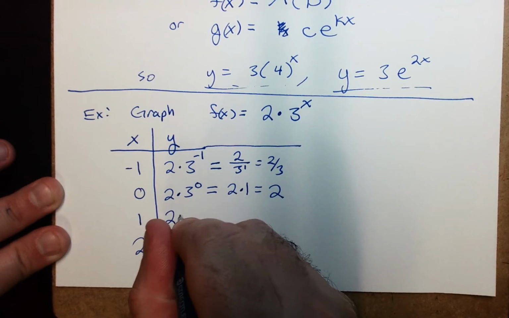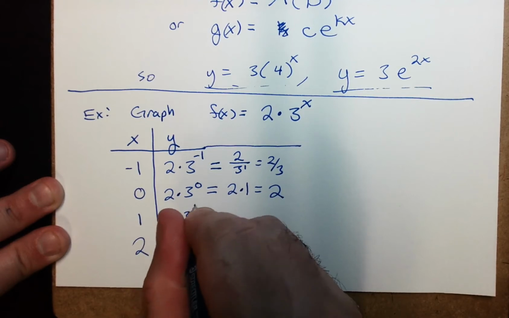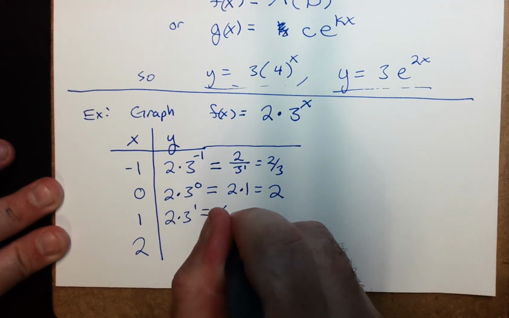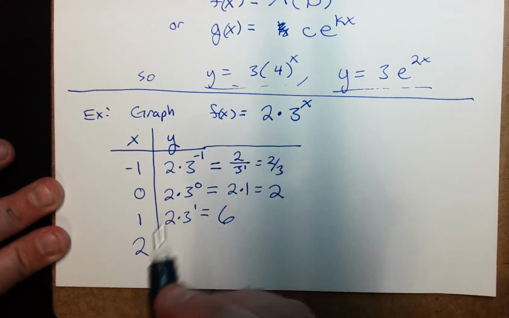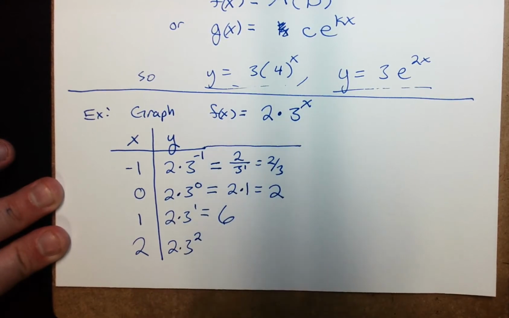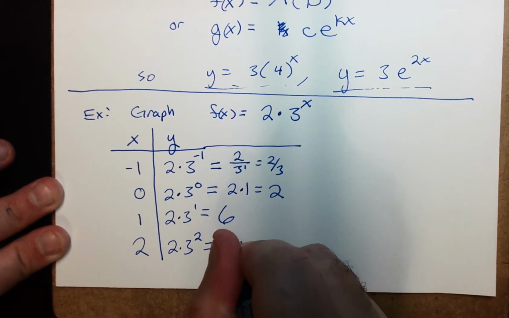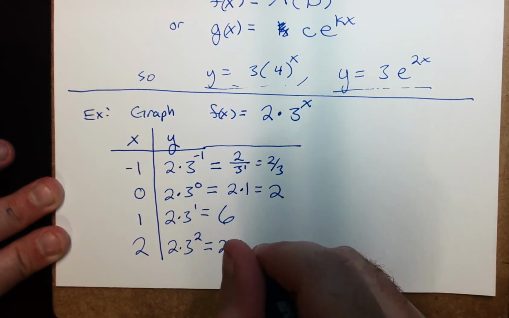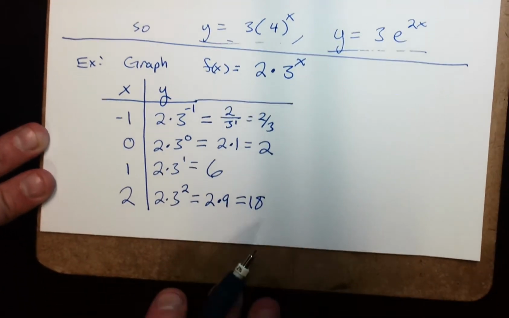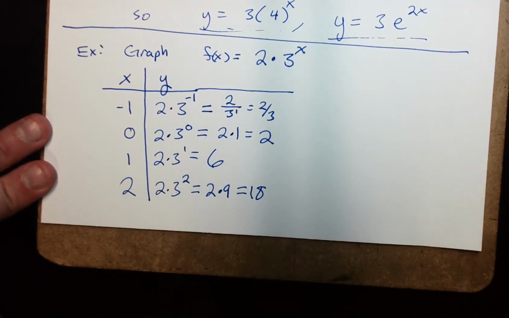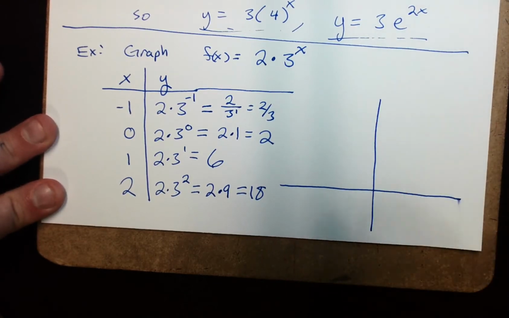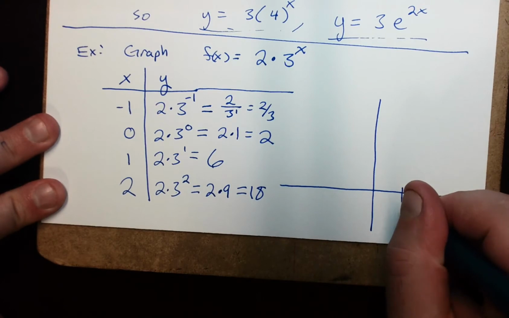Put in a 1 for x, you have 2 times 3 to the 1, which is just 2 times 3, which is 6. Put in a 2, you have 2 times 3 to the 2, which is 2 times 9, which is 18. There you go. So you just get a couple of values like this, and then you should be able to make your graph.